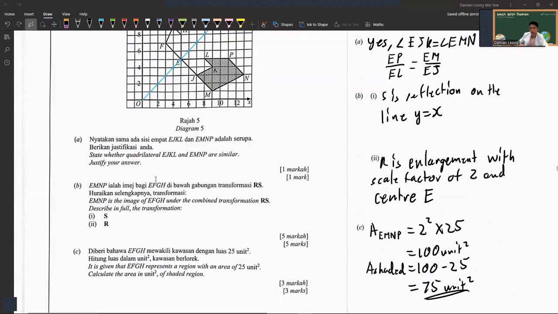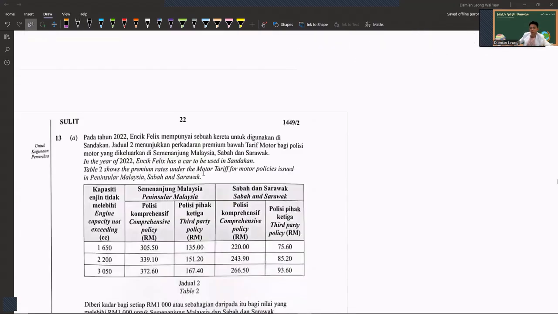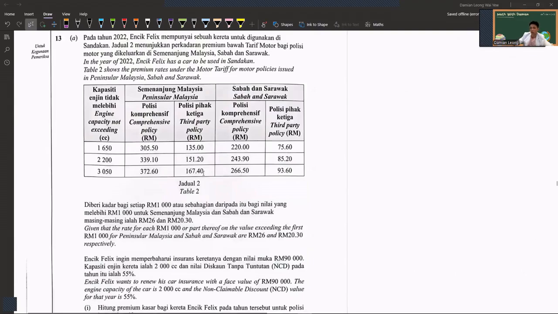Okay, that's question 12. Then we look at question 13. In the year 2022, Encik Felix has a car to be used in Sandakan. Table 2 shows the premium rates under motor tariff for motor insurance, motor policies issued in Peninsular Malaysia, Sabah and Sarawak.